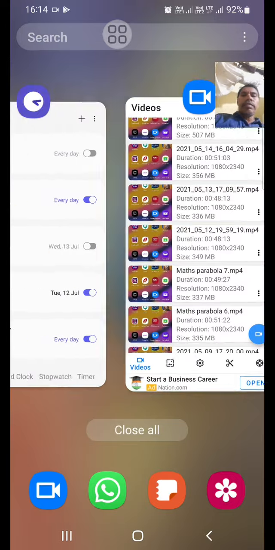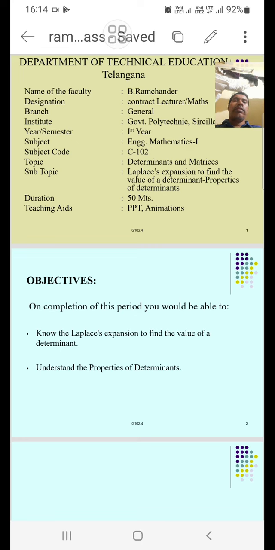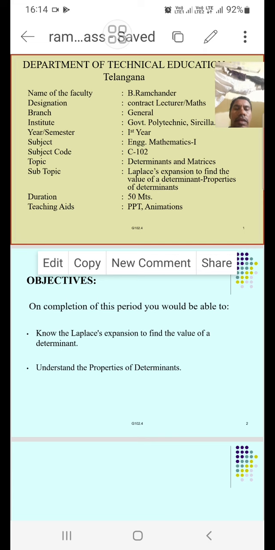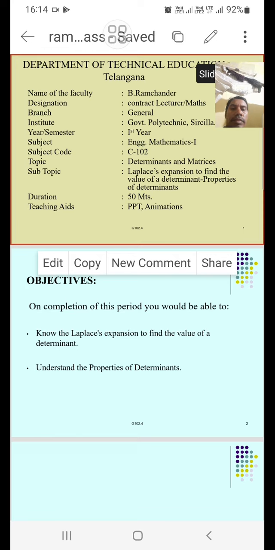Today we will learn the matrix determinant and its properties. In the previous class, we learned the determinant of a 2 by 2 and 3 by 3 matrix.